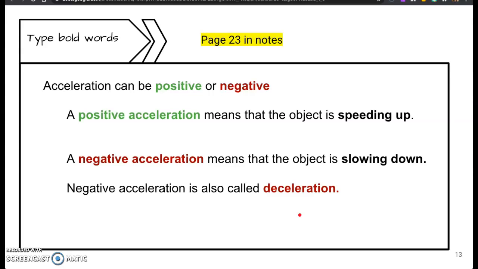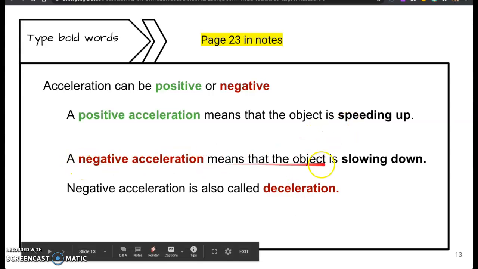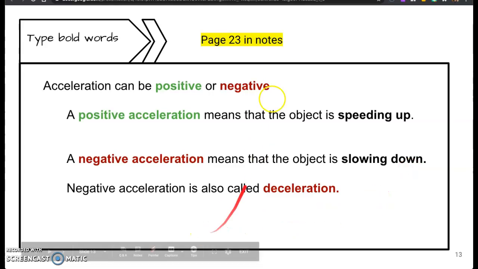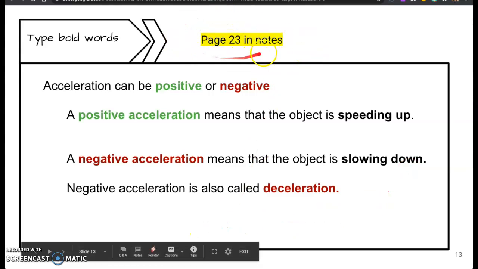A negative acceleration means the object is slowing down. So negative acceleration is also called deceleration. You can use whatever term you feel more comfortable with. Positive is speeding up, negative is slowing down. And this is on page 23 in your notes. We kind of jumped around.